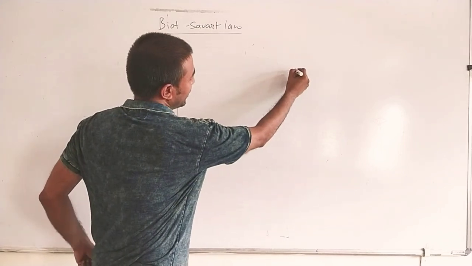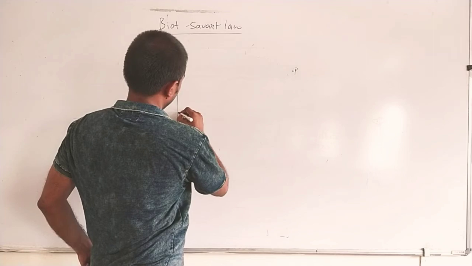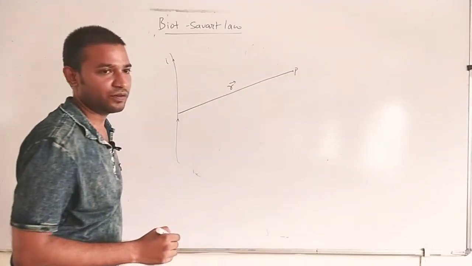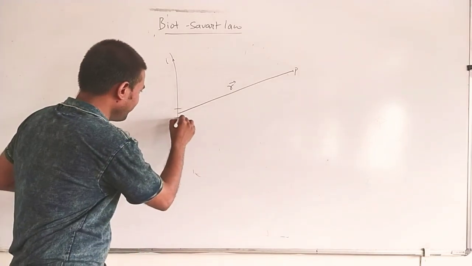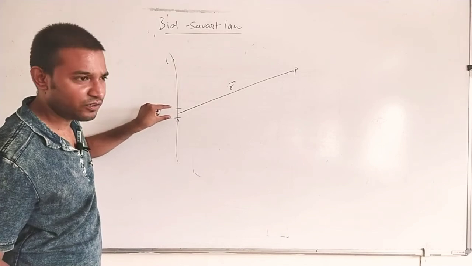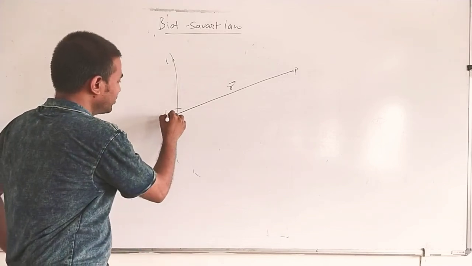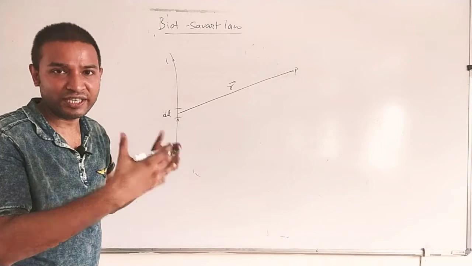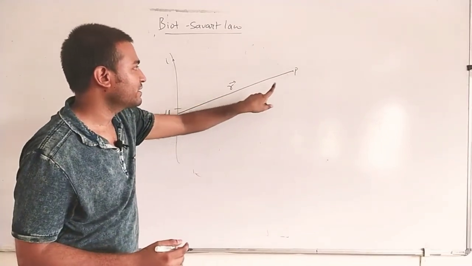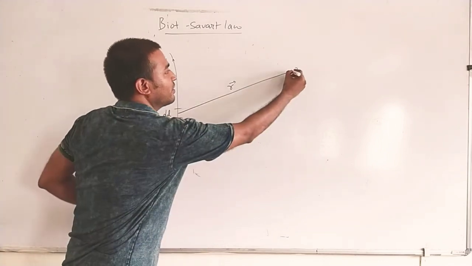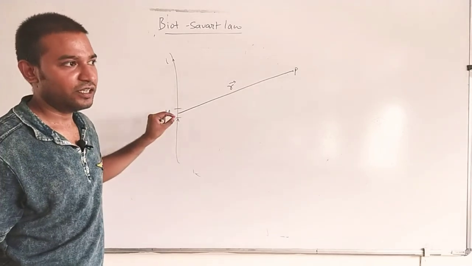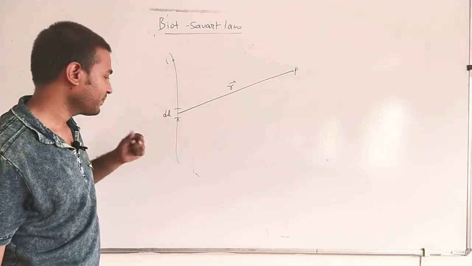Now there is a point P. Let us suppose that a very small elementary length of the wire is taken, and the length is dl. Current is flowing through it, and the point P is at a distance r from the center of this elementary length of the wire.